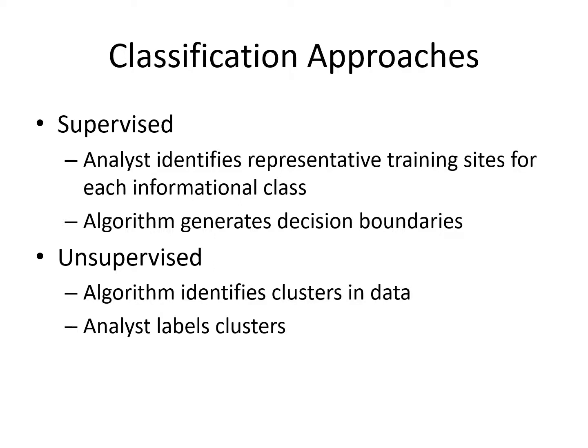Now, how do we do this? Two basic approaches: supervised, unsupervised. In supervised classification, the analyst identifies representative training sites for each informational class. In other words, when you look at the surface of an image, every possible group or category or class of thing that exists in that image, you have to identify and collect samples for.